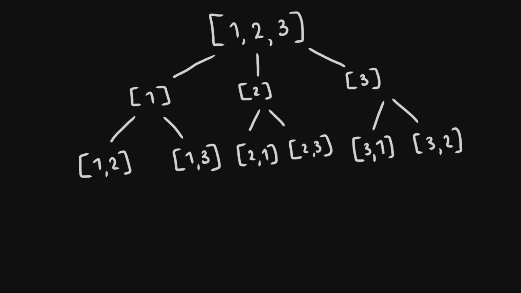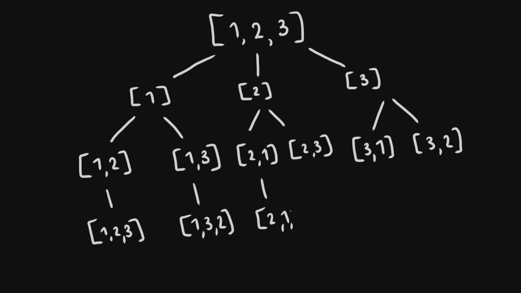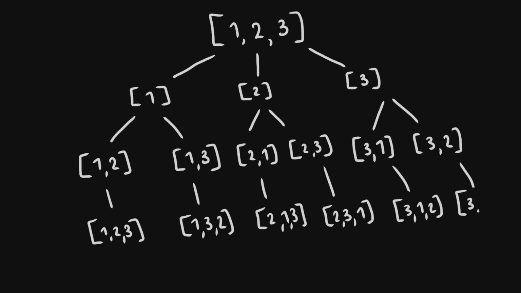For each of these options, we only have 1 element remaining. So we can only have 1, 2, 3. We can have 1, 3, 2, 2, 1, 3, 2, 3, 1, 3, 1, 2, and finally we have 3, 2, 1.